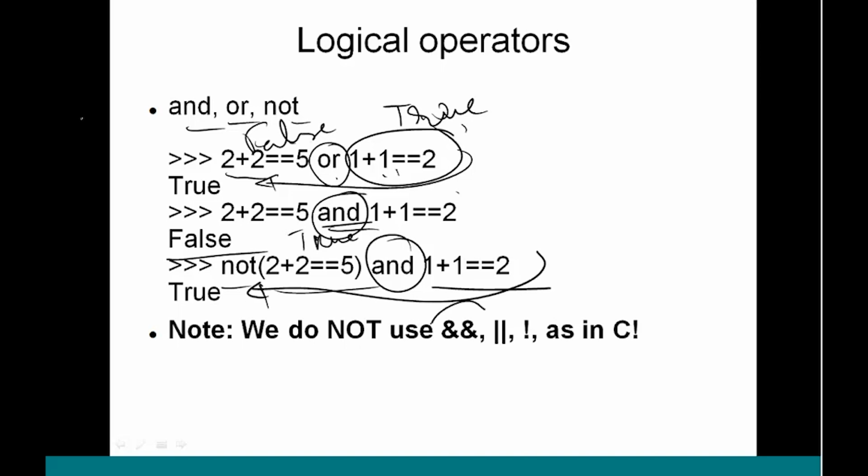One thing you note is that we don't use the ampersand or bar or bang as in C. We don't do the C-level stuff for using the logical operators. They are explicitly specified in the fullest form.